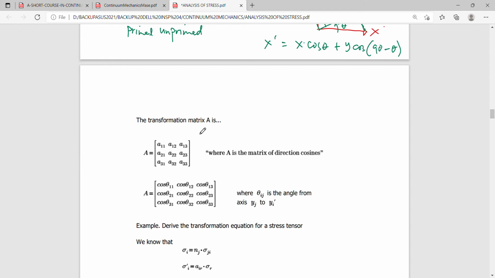So sometimes we abstain using the word rotation, since transformation normally are done on the basis of rotation.